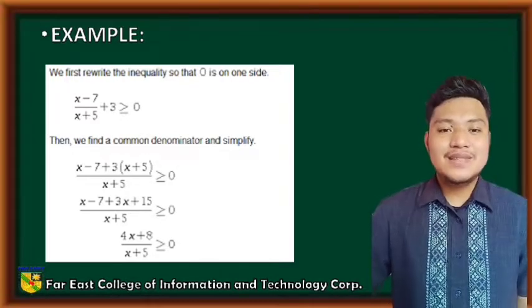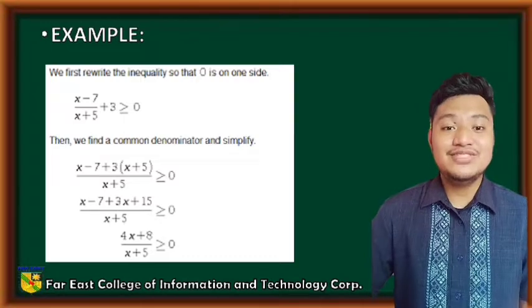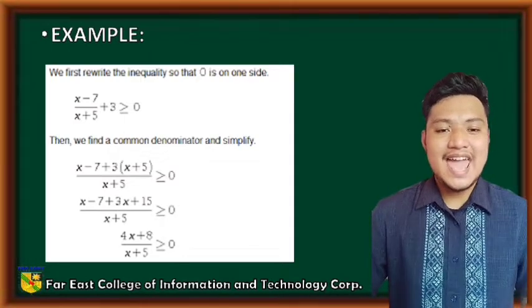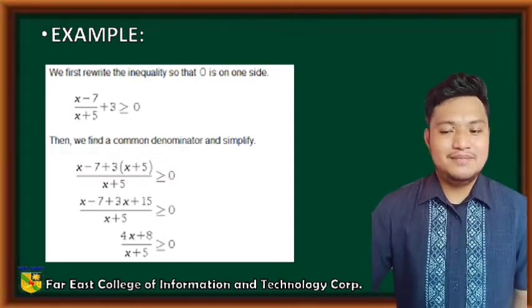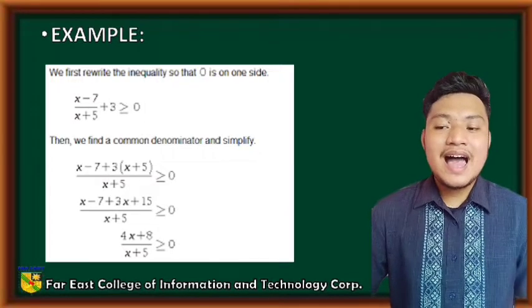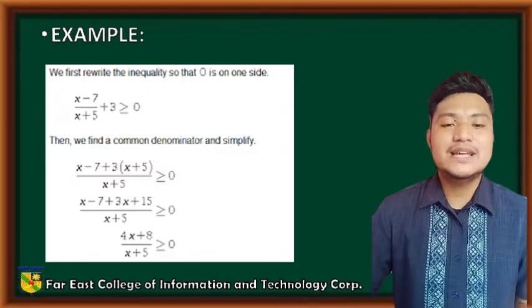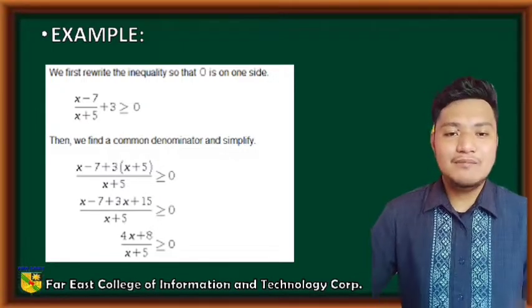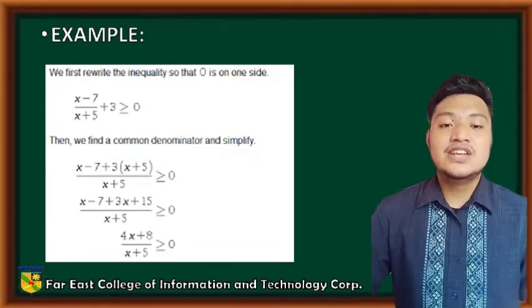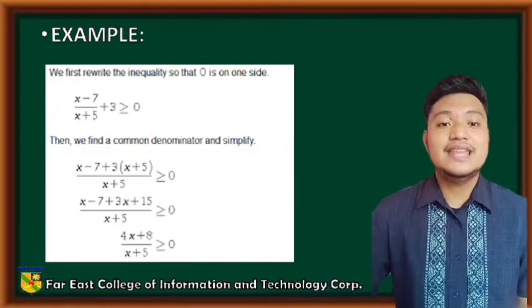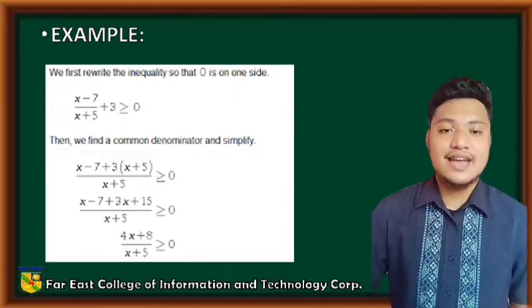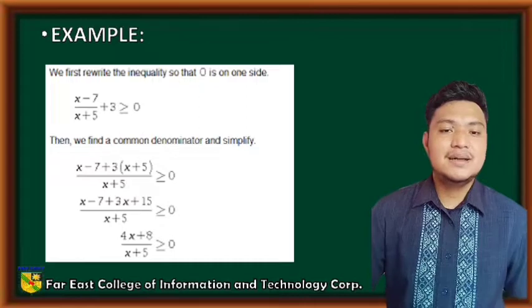So ang least common denominator natin, yung merong denominator, which is the x plus 5. So the x plus 5, retain lang natin yung equation ni x minus 7 over x plus 5. Ang mag-iiba na lang po si 3. So si 3 po, automatic, times natin siya agad kay x plus 5.